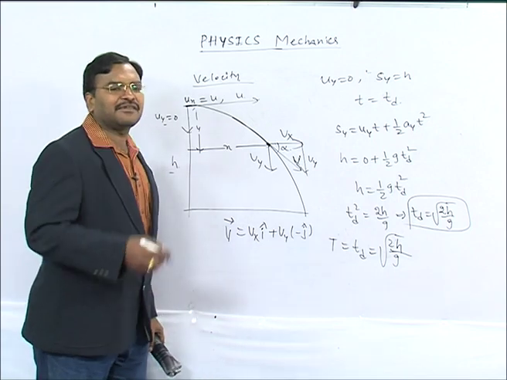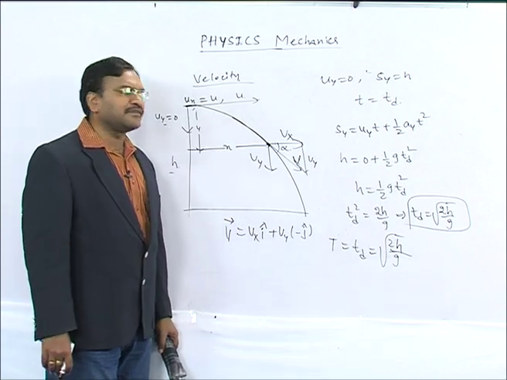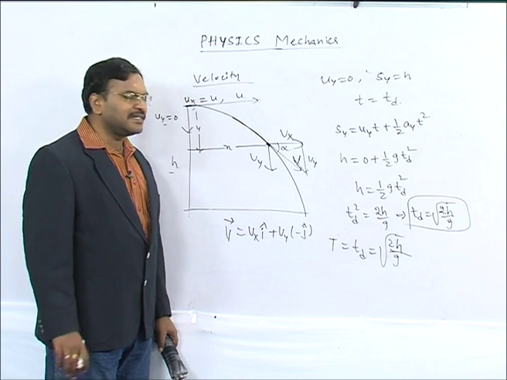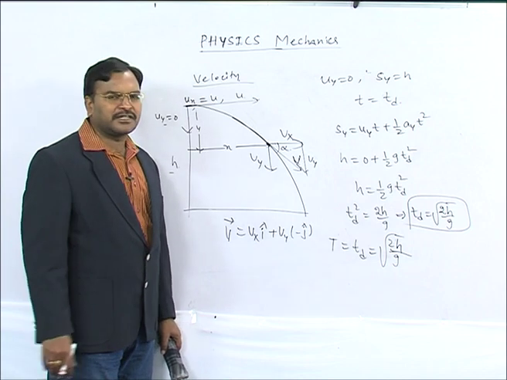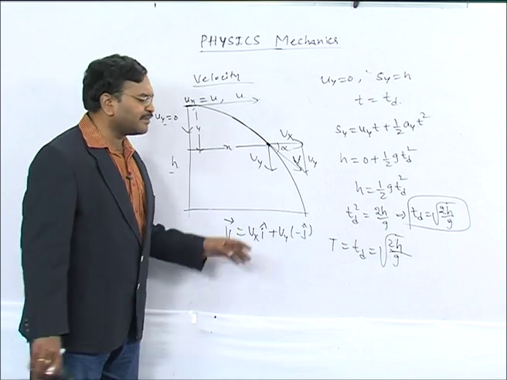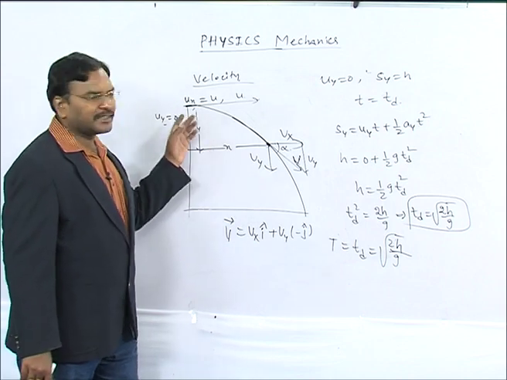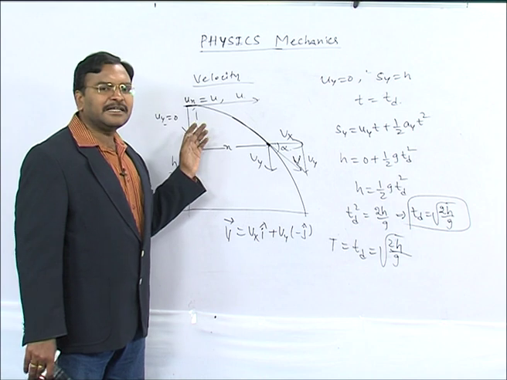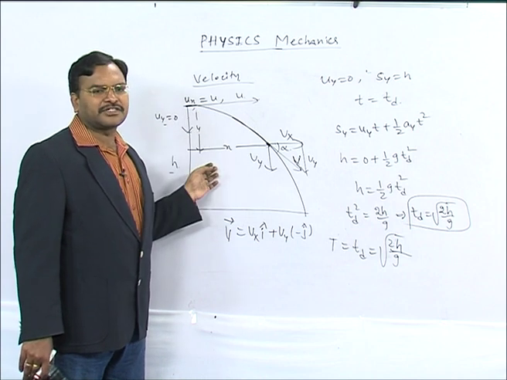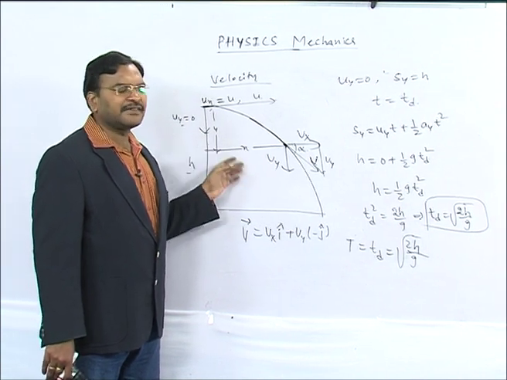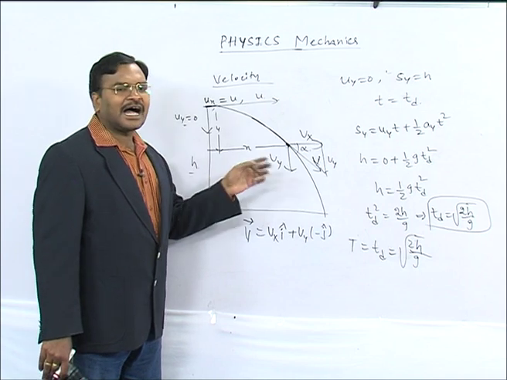As the height of the tower increases, time of flight or time of descent increases. So it is a conceptual question: time of flight or time of descent of a body projected horizontally from the top of a tower is independent of the initial velocity of projection. It depends on the height of the tower.